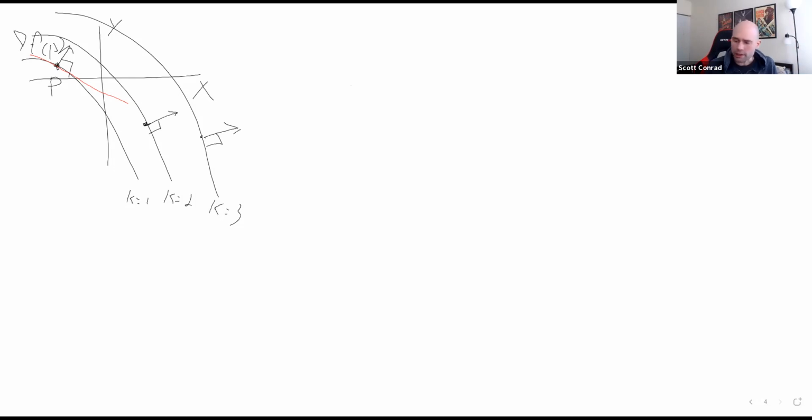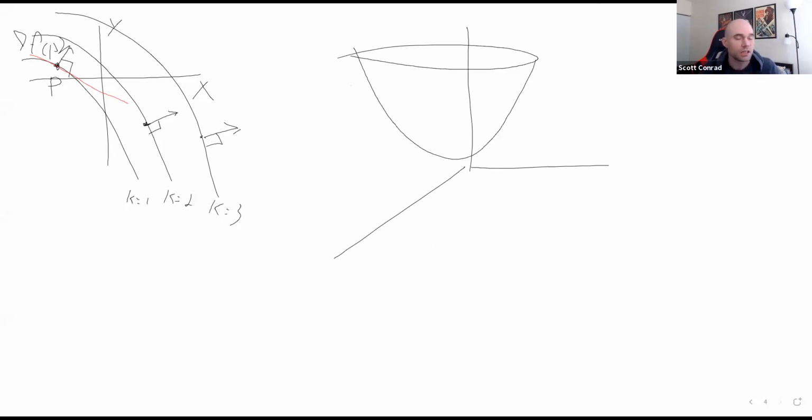But really, the more important one is for level surfaces. So if I have a level surface of my function, suppose this is the level surface f of x, y, z equals k. So it's a level surface for a function in 3 variables.